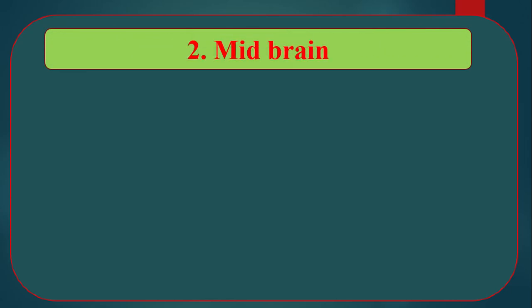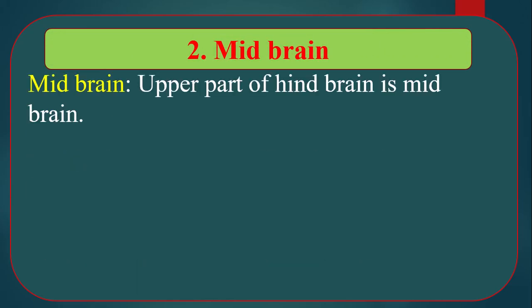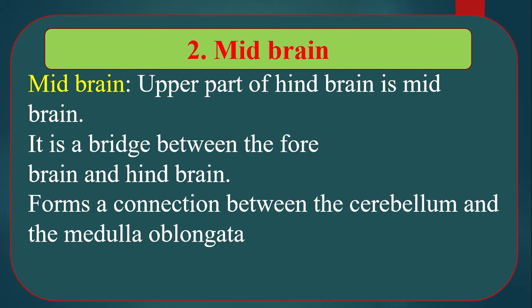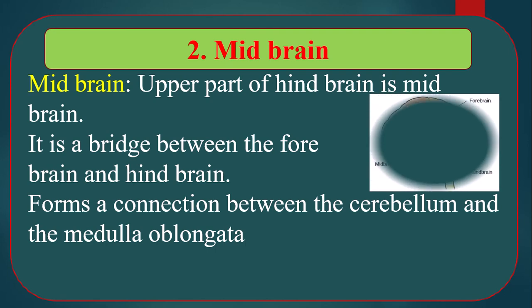Number 2, midbrain. The upper part of hindbrain is midbrain. Actually, the small region between forebrain and hindbrain is midbrain. It is a bridge between the forebrain and hindbrain, forming a connection between the cerebellum and the medulla oblongata.